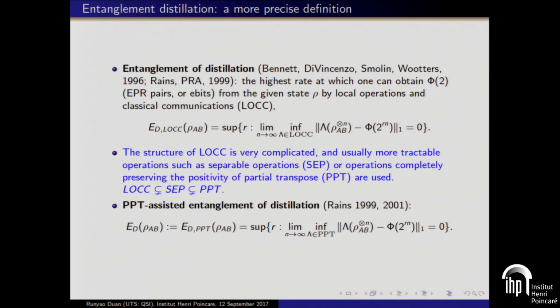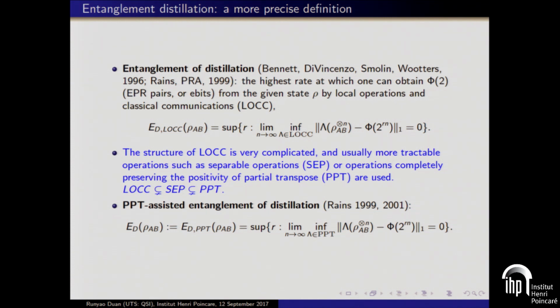The state could be just 3 by 3 or 2 by 2, very simple, but when we discuss its information-theoretic properties, it could be extremely complicated. This is why even for 2 by 2 or 3 by 3 states, or other very low-dimensional classes of states, we don't actually know how to calculate these quantities.